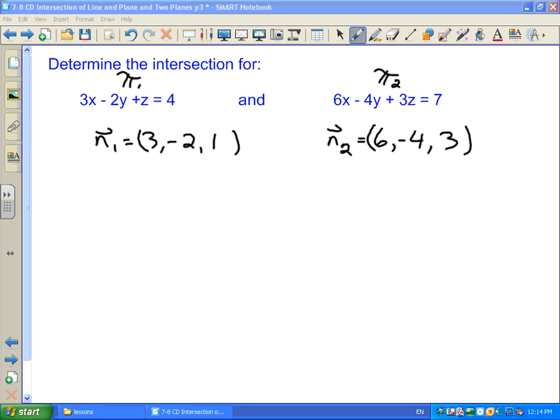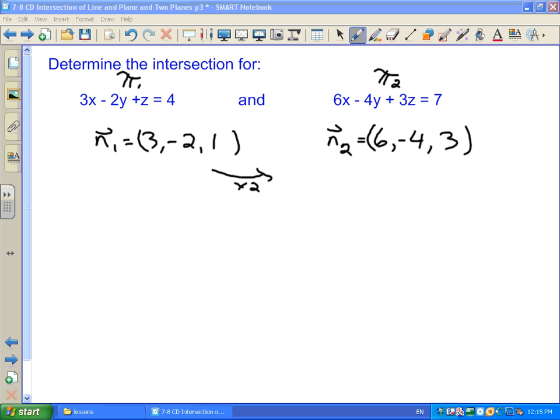We're checking to see if these two vectors are scalar multiples. They are not scalar multiples because, if I take my 3 and multiply by 2, I get a 6. If I take negative 2, multiply by 2, I get negative 4. But if I do my 1 times 2, I end up with a 2, and I got a 3 there instead of the 2 I would expect.